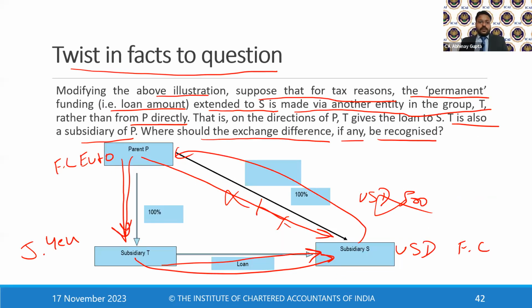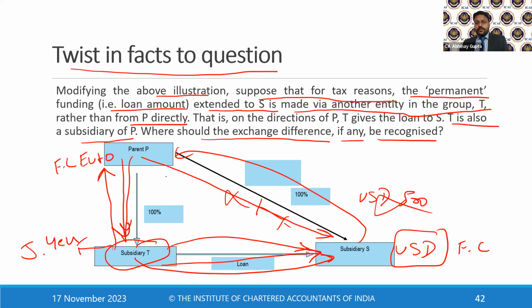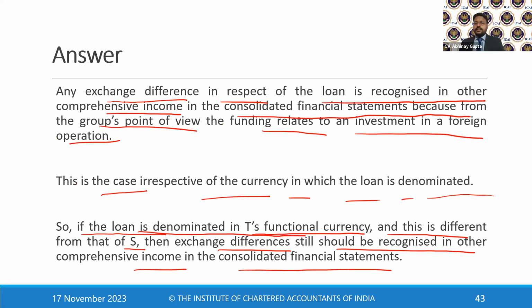So whether T's functional currency is the same as or different from that of P hardly matters, because while preparing the consolidated financial statements, ultimately the loan is being passed on to subsidiary S, whose functional currency is USD, right? So if P gives the loan directly in USD to the subsidiary, or P gives this loan via some other subsidiary and the other subsidiary gives it in USD, it will ultimately lead to the same impact, that is, exchange difference will be there and it will be recognized in the consolidated financial statements.